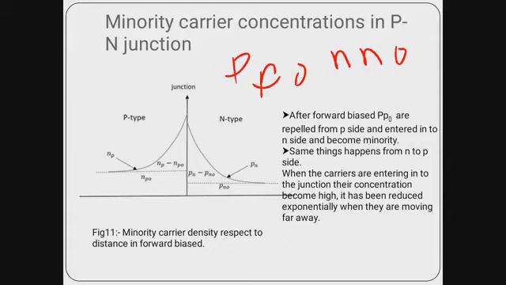After that, these holes Pp0 try to recombine with electrons in the N side. So what will happen?